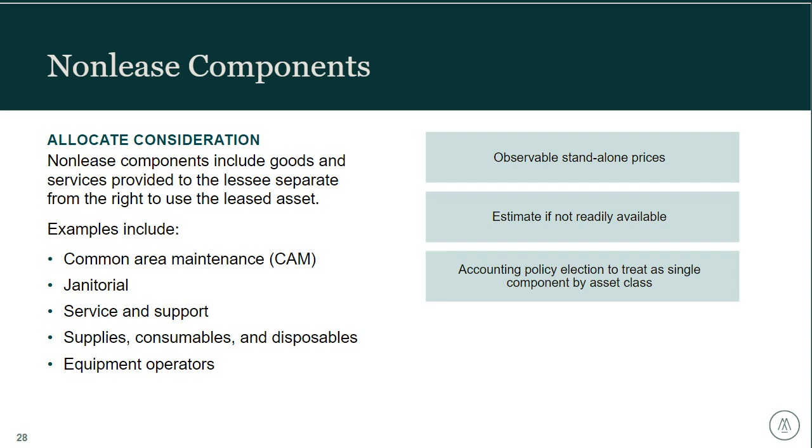You get to elect that by asset class, not to all assets, to all leases, excuse me. And that is a tremendous simplification. Now, the result of electing that is you are going to record a bigger liability. That's the outcome. So I think companies pick and choose when they apply that and when they do not. Certainly see it more often elected than not.